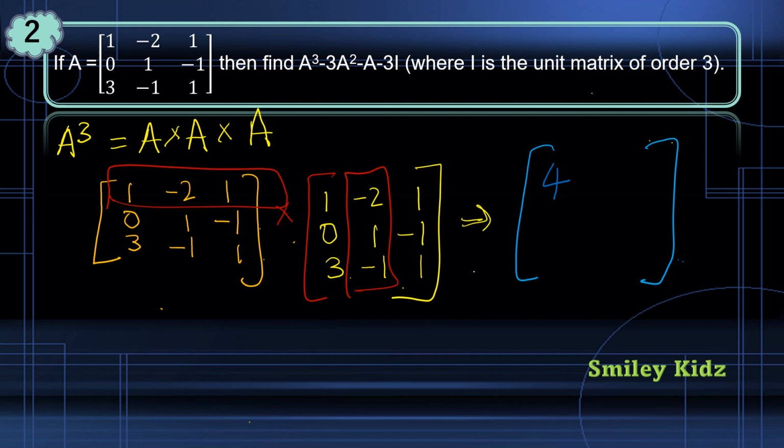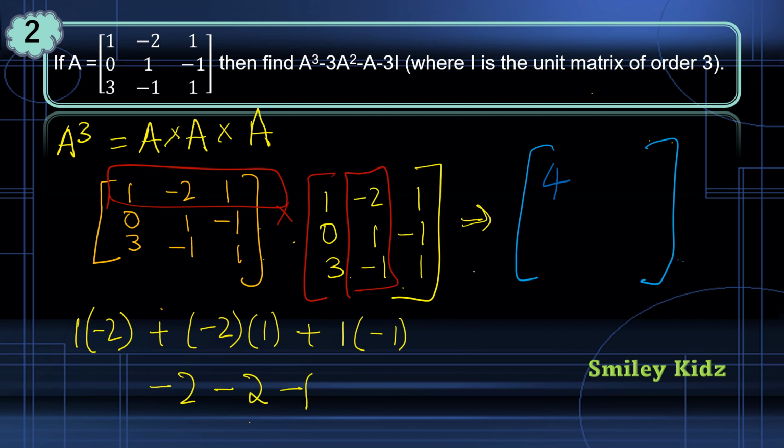You'll have 1 into minus 2 plus minus 2 into 1 plus 1 into minus 1. This is minus 2, minus 2, minus 1. That is minus 4 minus 1, that is minus 5. So here you're going to have minus 5 as your second element.